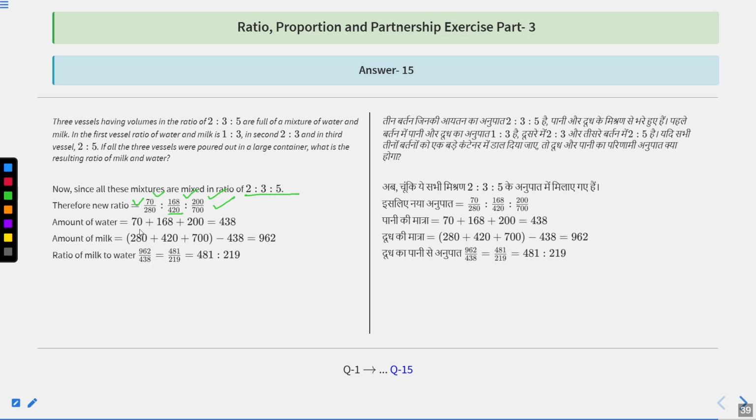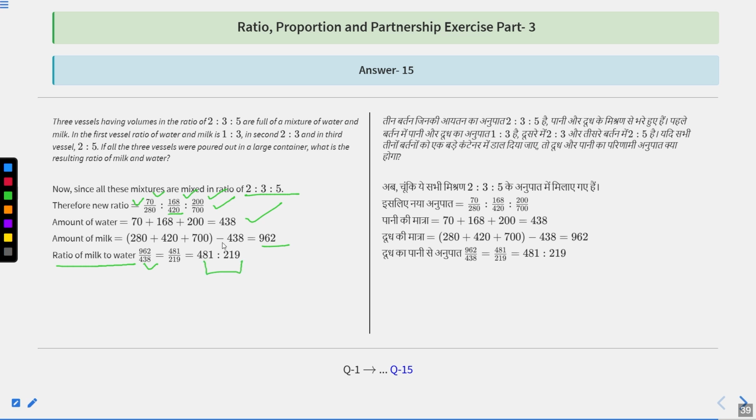So 70 plus 168 plus 200 becomes 438. Now amount of milk is total amount minus amount of water. Clear? So 280 plus 420 plus 700 minus 438, which is 962. So what is the ratio of milk to water? It will become 962 upon 438, which is 481:219.